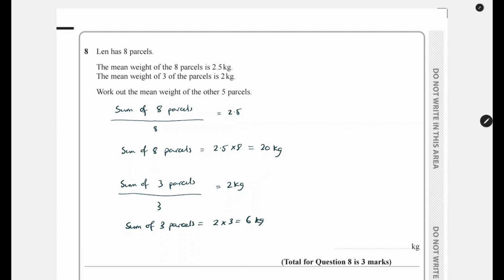To work out the weight of the 5 parcels, the weight of the 5 parcels is 20 minus 6, which is 14 kilograms. To work out the mean weight, we have the sum of the weight, which is 14 kilograms, over the number of parcels, in our case 5. So 14 divided by 5 is 2.8 kilograms. And so the mean weight of the other 5 parcels is 2.8 kilograms.